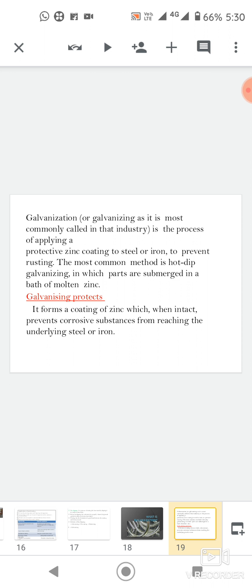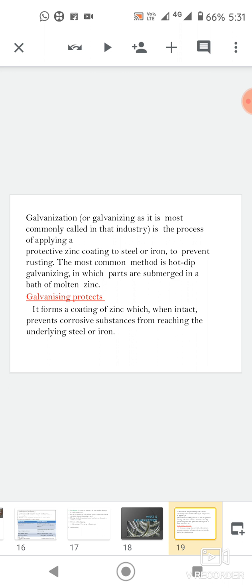base metal. The time and temperature of dipping control the character and thickness of the coating layer. The usual coating thickness of galvanized sheets varies from 0.025 to 0.3 mm.